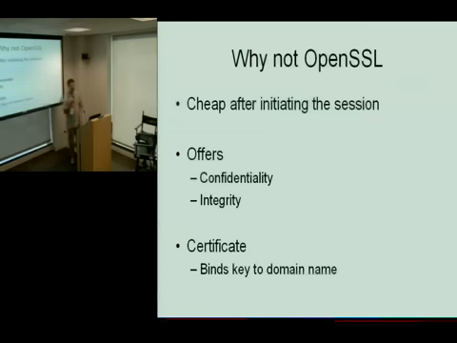OpenSSL is good and is used in Google Wave, but it offers primarily confidentiality. No one can read the XMPP communication. It also offers integrity; you can detect if it gets corrupted. And of course, SSL certs also serve an extremely valuable purpose. They bind a public key to a domain name, so you can tell who the actual public key is for wave.google.com.